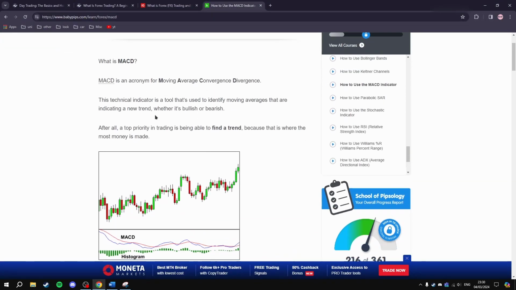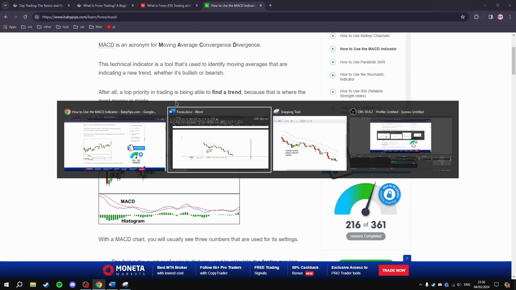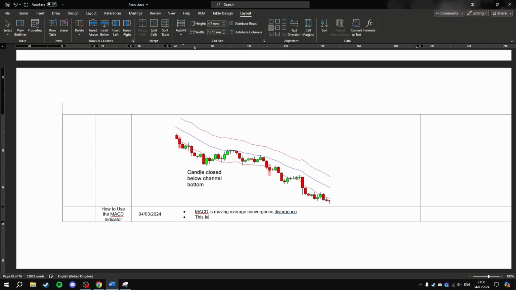This technical indicator is a tool used to identify moving averages that are indicating a new trend, whether it's bullish or bearish.